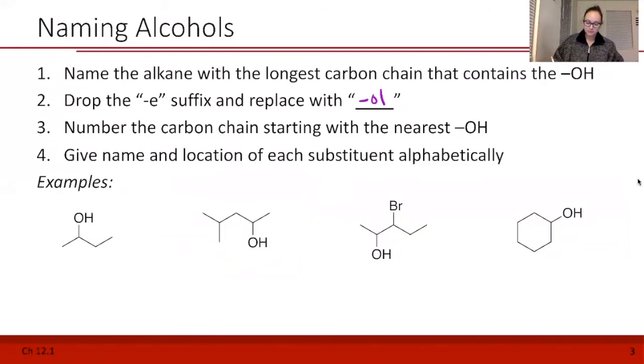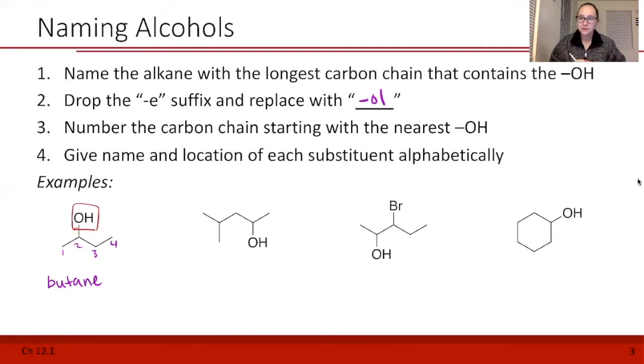So let's do a couple. This one here, we have 1, 2, 3, 4. That puts my numbering with the lowest number on the alcohol as possible. So the name for this would be, the normal name for this without the alcohol. Maybe we'll put a little box around the alcohol.